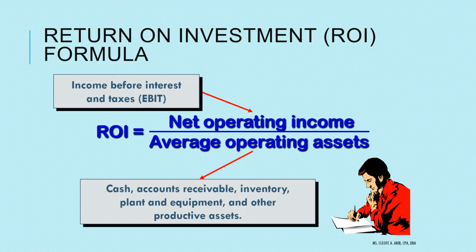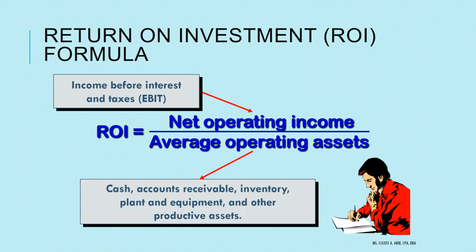Now, for an investment center, standard costing is really not applicable. So, what tools can we use to assess the performance of the manager leading a particular investment center? The most common one used by businesses in assessing the performance of an investment center is ROI, or return on investment.